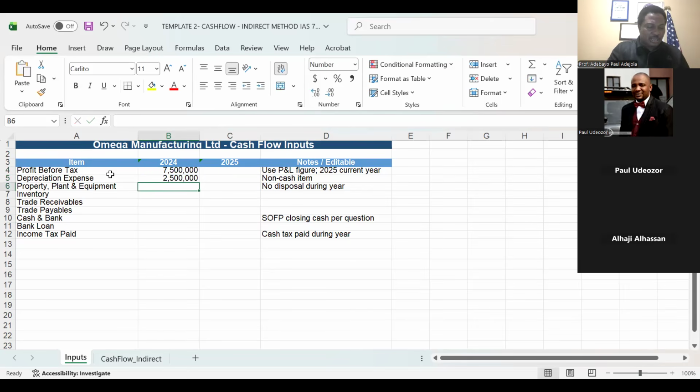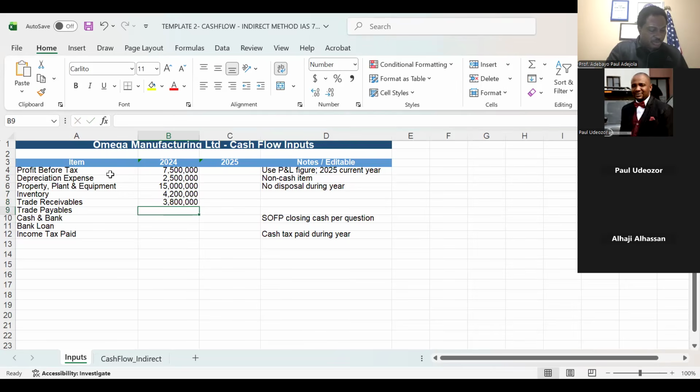I'm just populating that. Property, plant, and equipment, 15 million. Inventory from our question is 4,200,000. Trade receivables is 3,800,000. You will see trade receivables both for the year, 2 years.